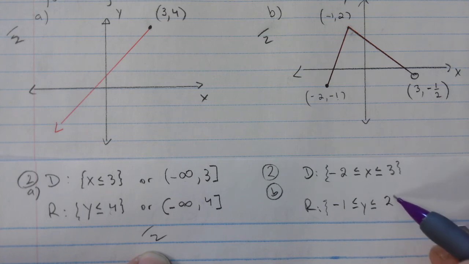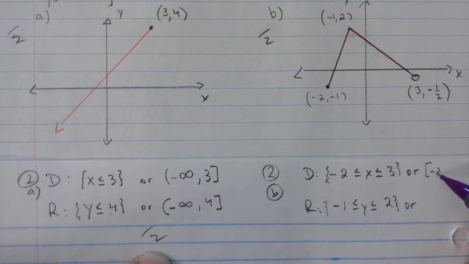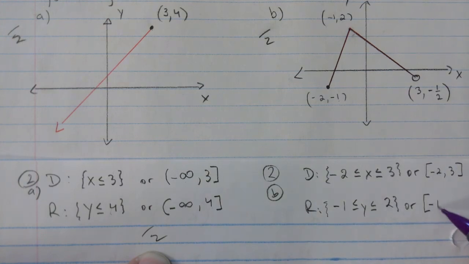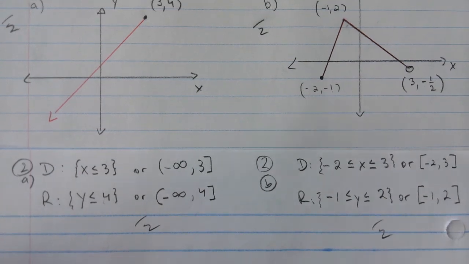So we go to maximum of 2, or here you would go -2 to 3 and -1 to 2, like that. So 2 marks there as well. One for each.